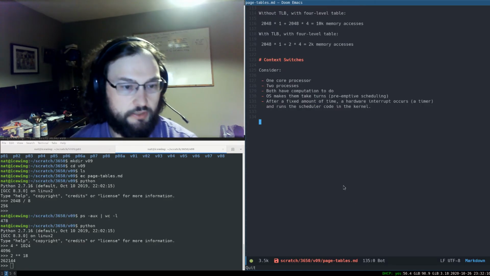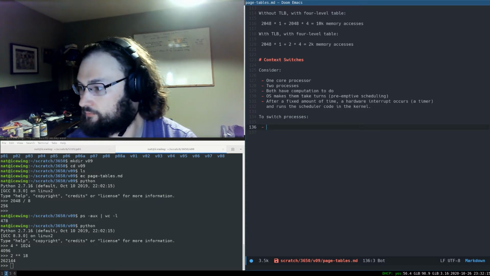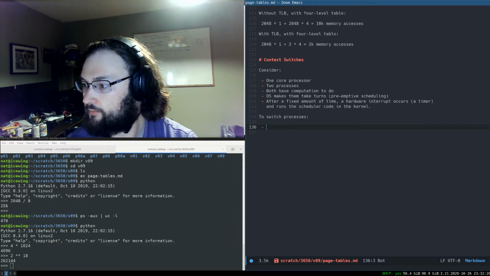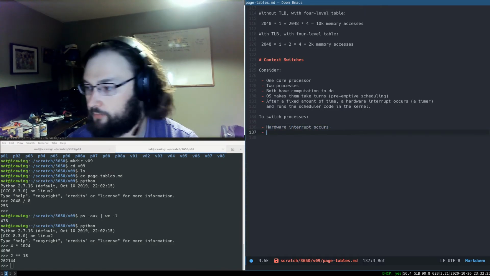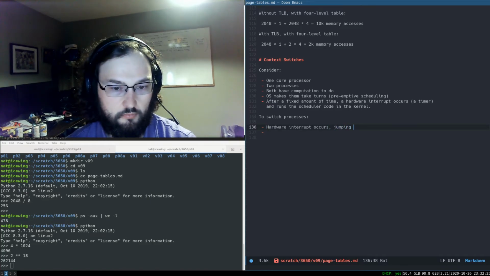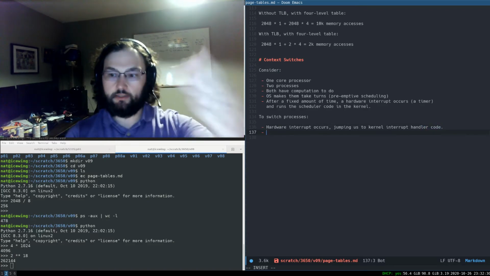So the way this works is, if we actually want to switch processes, the hardware interrupt is going to occur. And this is going to jump us immediately to kernel interrupt code.